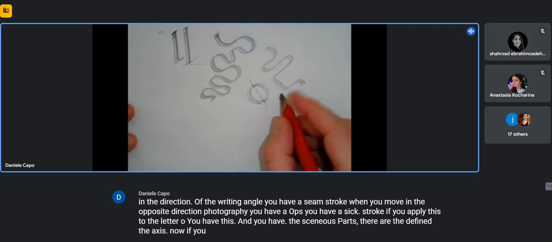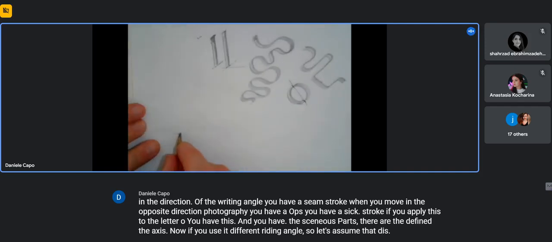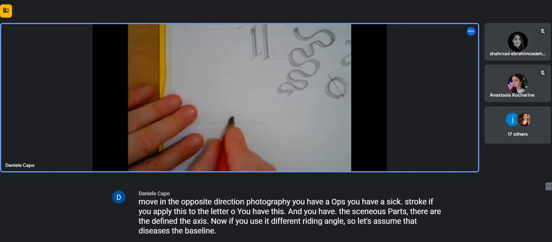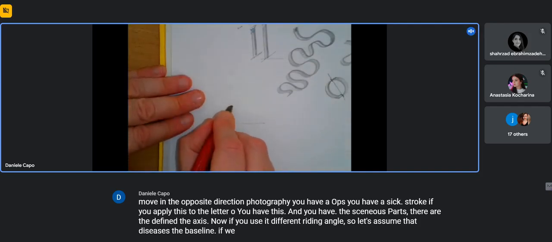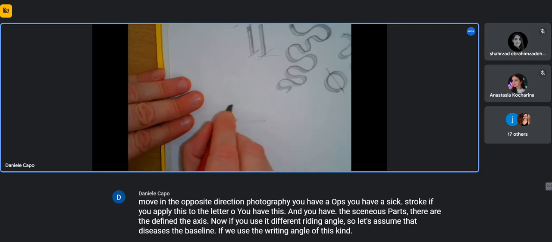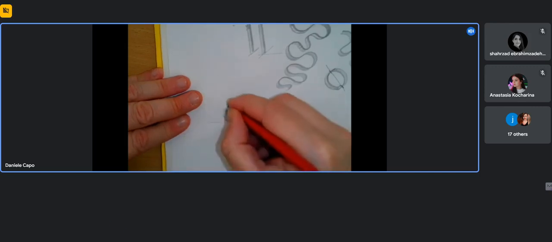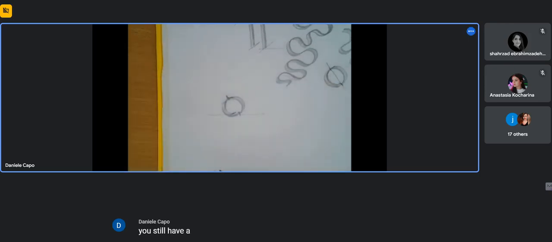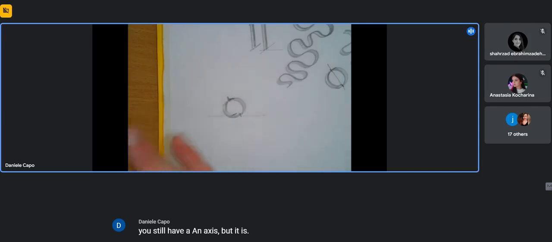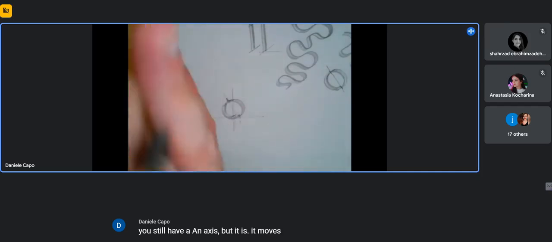Now, if you use a different writing angle, let's assume that this is the baseline. If we use a writing angle of this kind, quite flat, you still have an axis, but it moves toward the vertical.